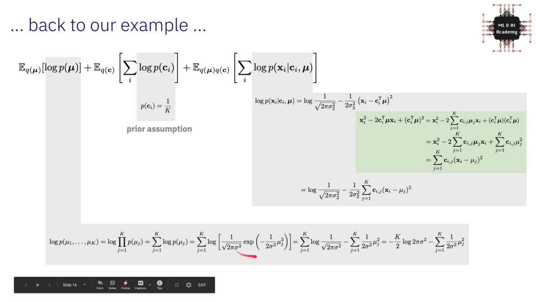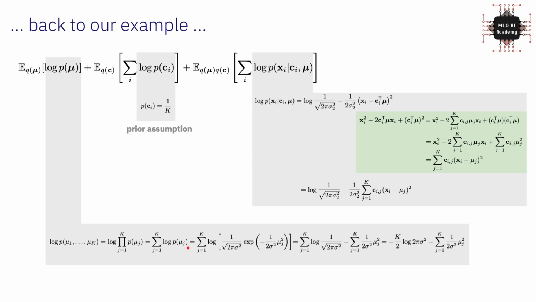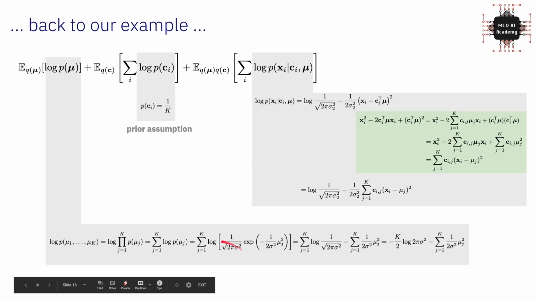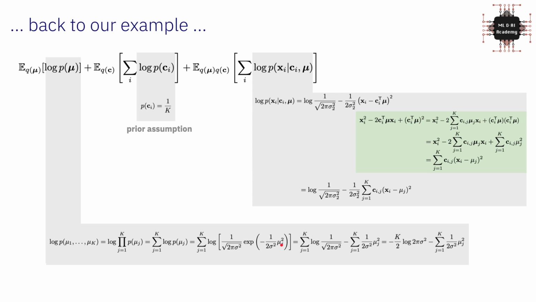So what you see here is the equation of p of mu j, which is a Gaussian with a 0 mean and some sigma squared variance. So you will have log of 1 over square root of 2 pi sigma squared, exp of minus 1 over 2 sigma squared, and you typically have here mu j minus mean squared, but the mean is 0, so that's why it's mu j squared.